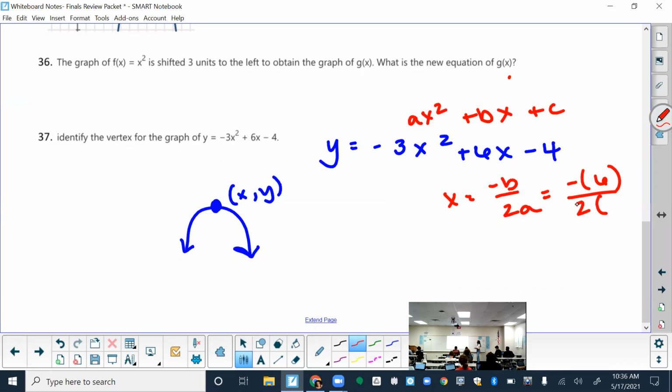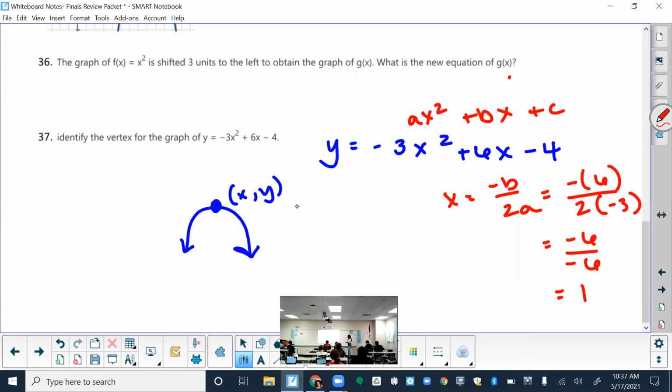And then what is my a value? Negative 3. So then my x value of my vertex is going to be negative 6 divided by negative 6, which is what? A positive 1. Good. So my x value of my vertex is going to be a positive 1.